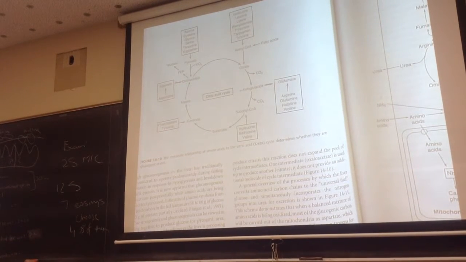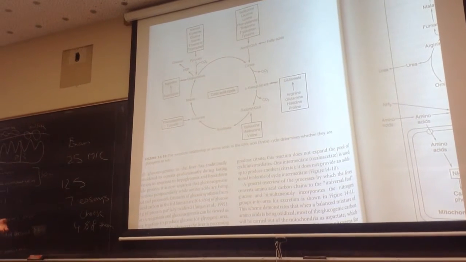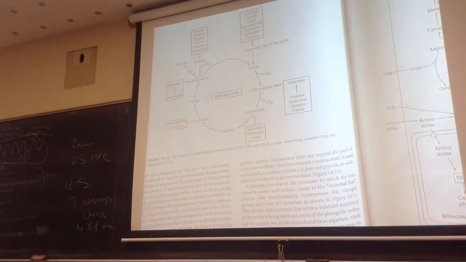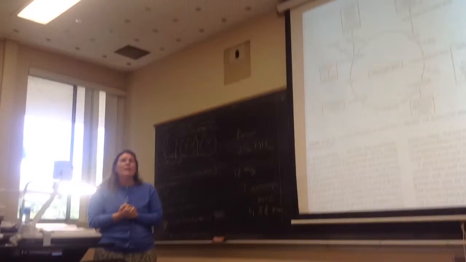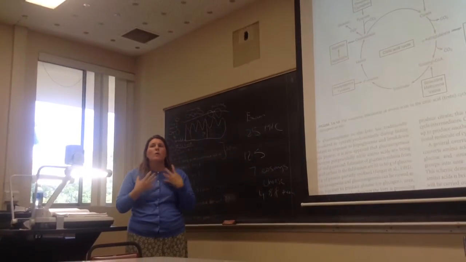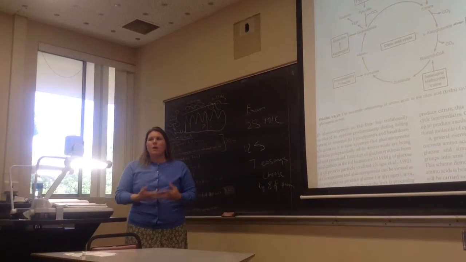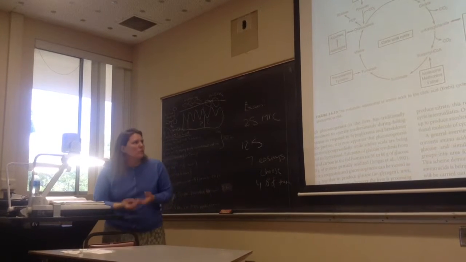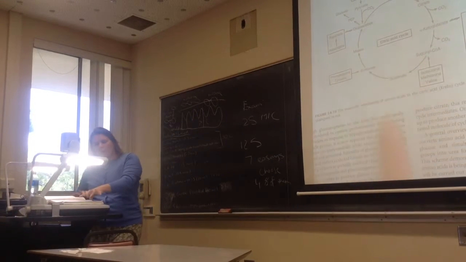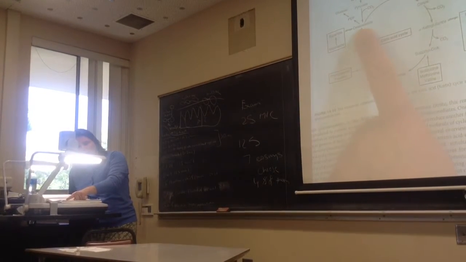When we are in a high energy condition, we're making ATP for storage. When we're talking about gluconeogenesis, we are not storing ATP. We want to make new glucose.